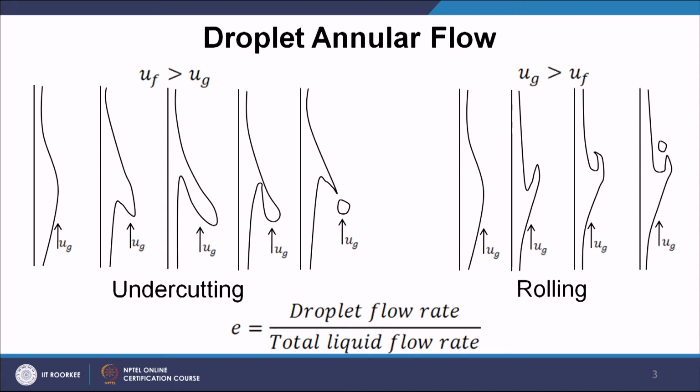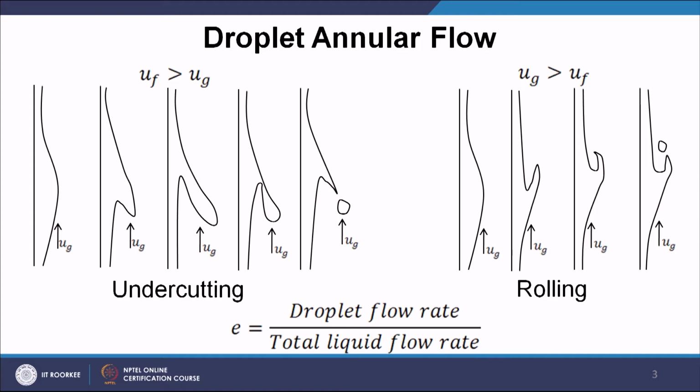Now, if in magnitude the liquid velocity Uf is higher than Ug, then due to the higher liquid velocity, there will be bulge formation in the film which is adhered with the wall.